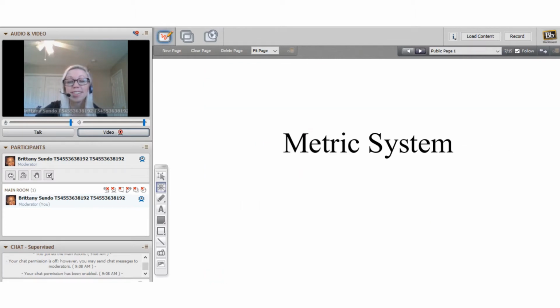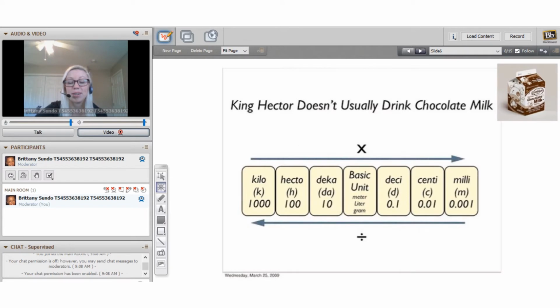First, let's dive into the metric system using King Hector doesn't usually drink chocolate milk. Here's a look at the metric system, and you can see all of the different units listed on our chart. We can use this saying, King Hector doesn't usually drink chocolate milk, just to remember the order of all of the units on our chart. So King, or K, stands for kilo.